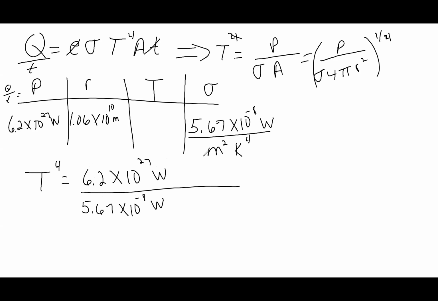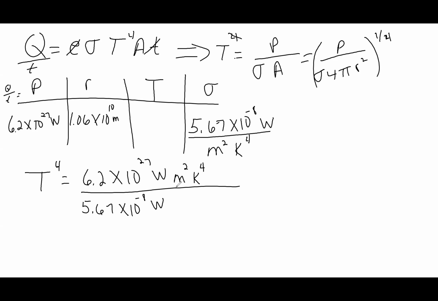Remember, when it's in the denominator of the denominator, it moves to the numerator. Now, if we were looking for this temperature in Celsius, we would convert it when we finish, but we have to plug it in in Kelvin.